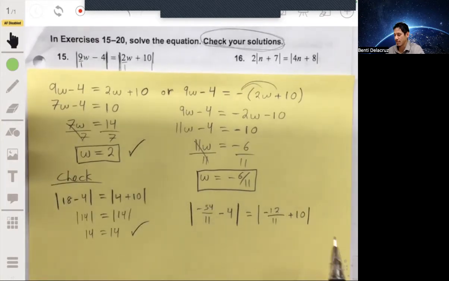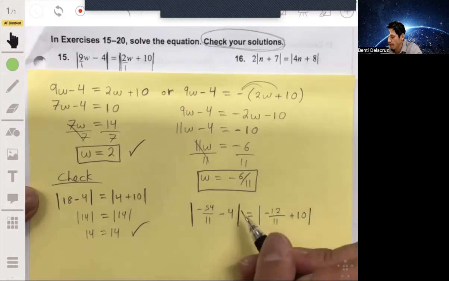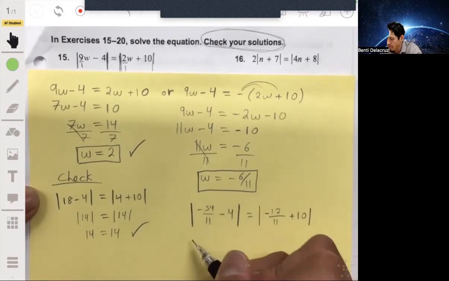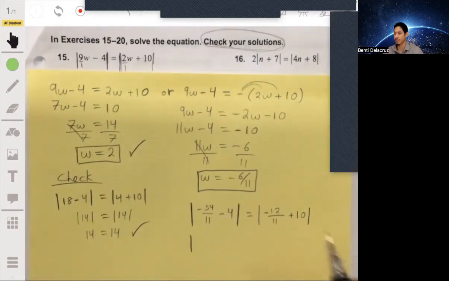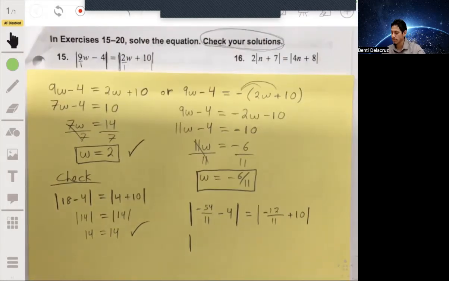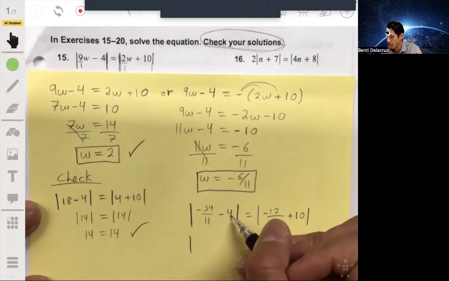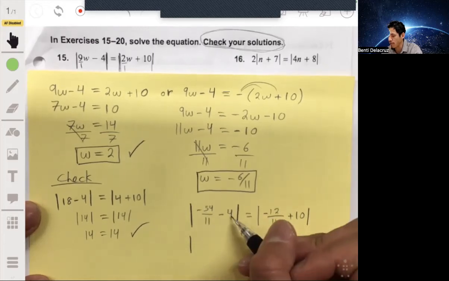Now, I'm going to go about this as if you don't have a calculator so you can really master your fraction addition. So if we're going to combine this fraction with this one, make sure you have the same denominator. So to make this 4 have a denominator of 11, you're going to multiply the 4 by 11 over 11.